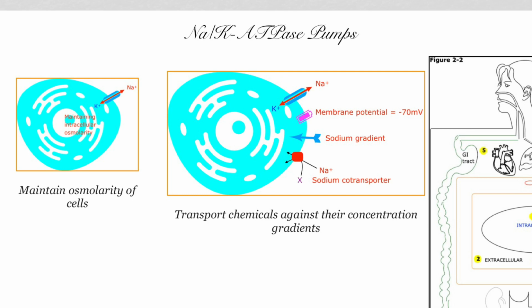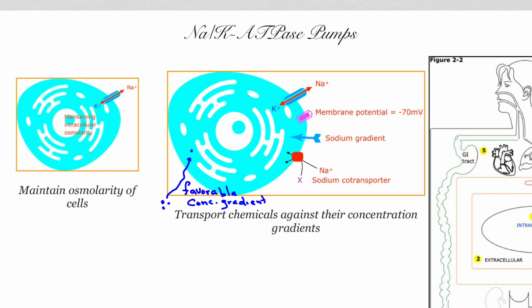So chemicals move in and out of cells by a process called diffusion. That's a process that doesn't require energy. A chemical will go from a high concentration. Diffusion occurs because there's a higher concentration of a chemical on one side and a lower concentration on the other side. This is called a favorable concentration gradient.